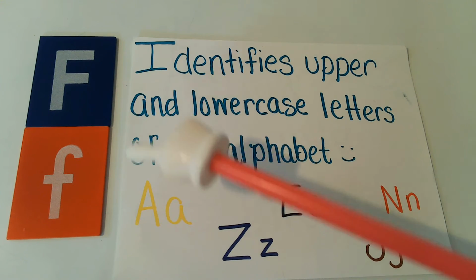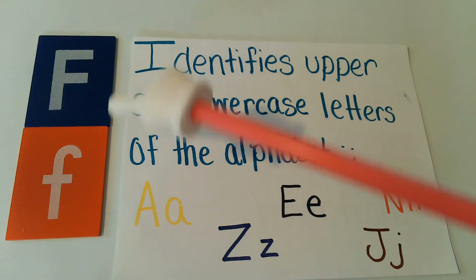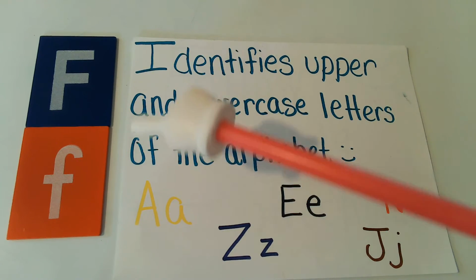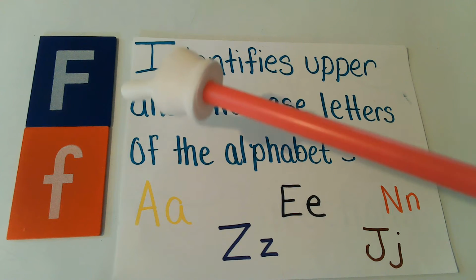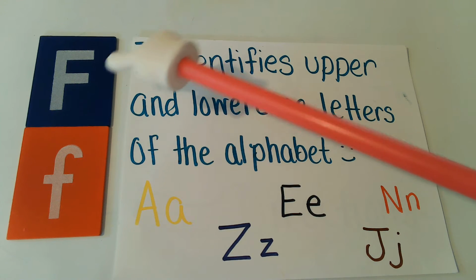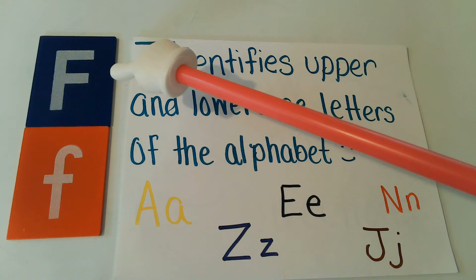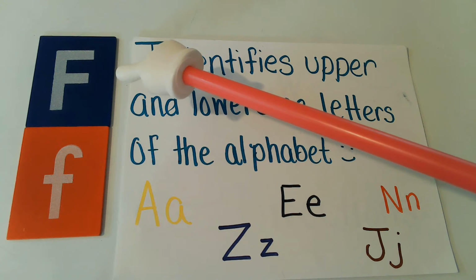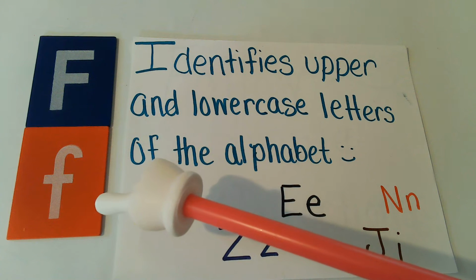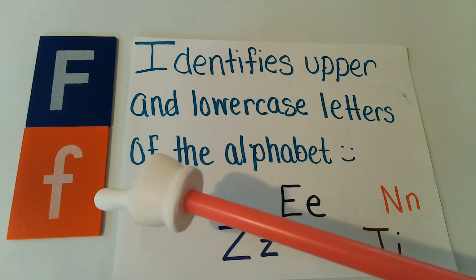Do you remember what letter this is? We've talked about this letter before. Great job. So this right here is the uppercase letter. That's the big letter F. And this right here is the lowercase letter.